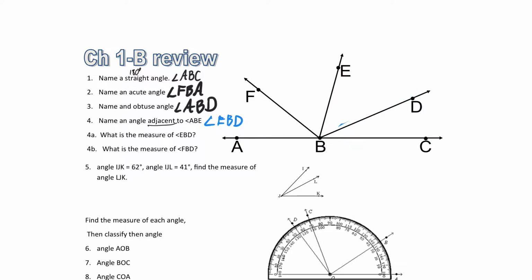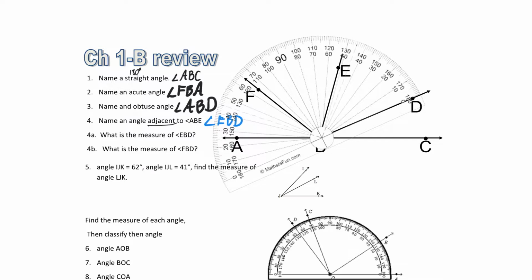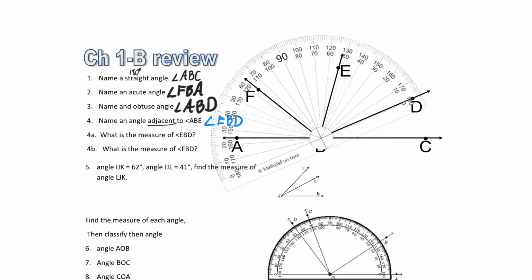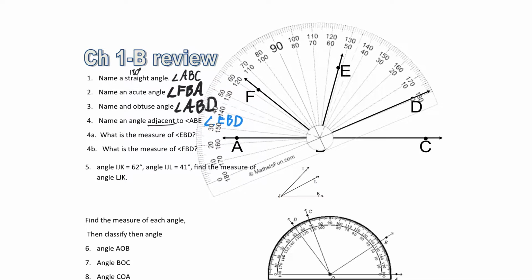All right, next one is, what is the measure of angle EBD? About like that. It's a little bit more than 50. 51, 52, somewhere like that. And then FBD is what?